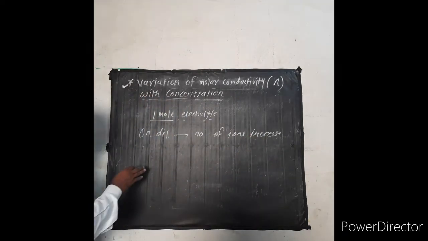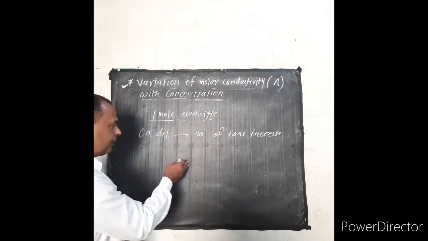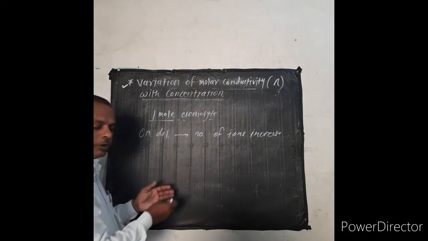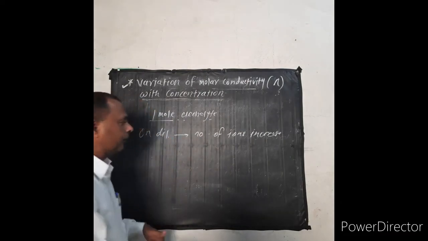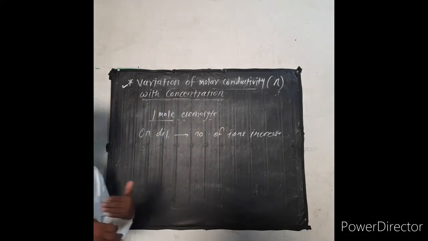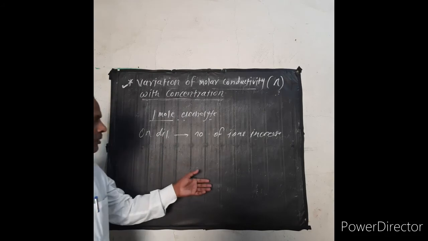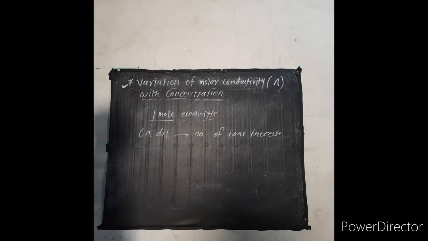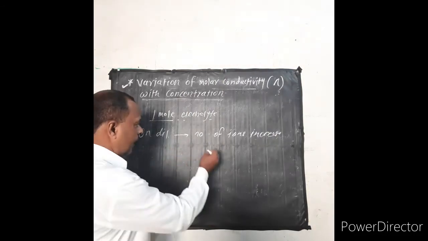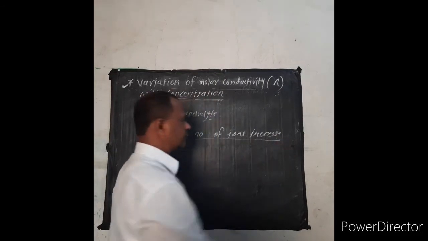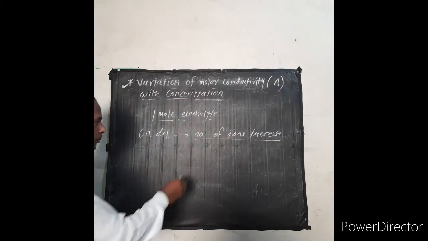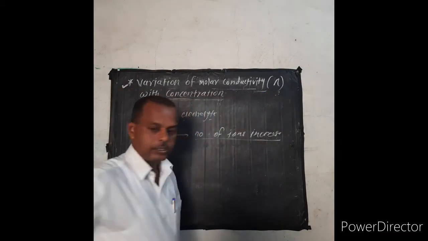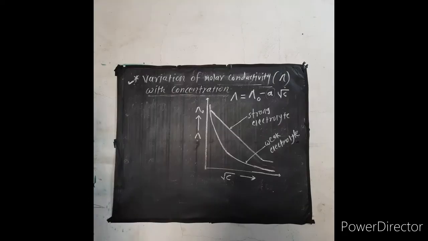Molar conductivity increases with decreasing concentration. On dilution means the given concentration is decreased by addition of water. Due to this, the number of ions increases, and as the number of ions increases, the molar conductivity also increases.